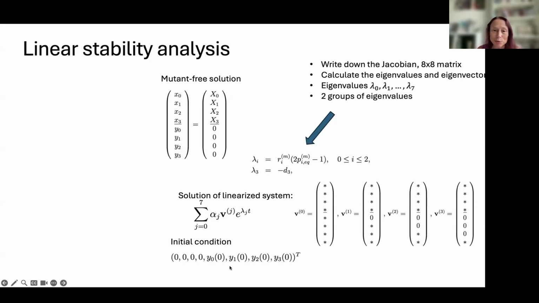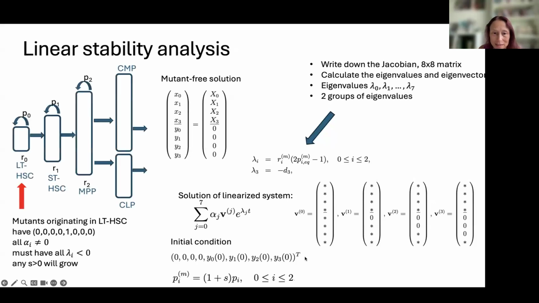So if I want to place the mutant in the very first compartment, I take this positive, and these are 0. So this is the initial condition. If I place the mutant here, 0, 0, 0, 0 for wild type, 1 mutant here, and nothing here.